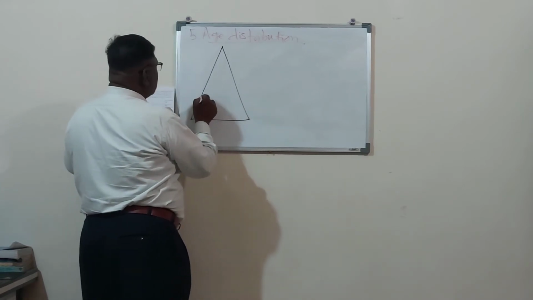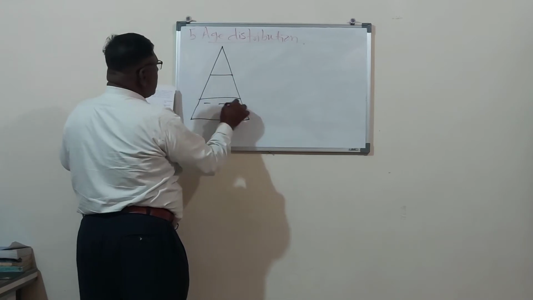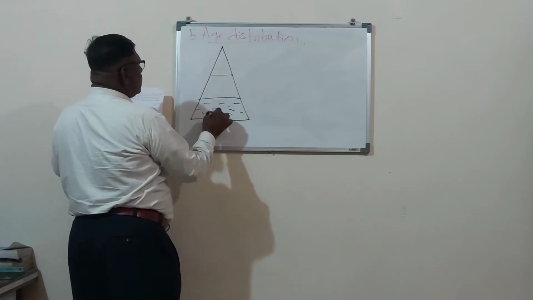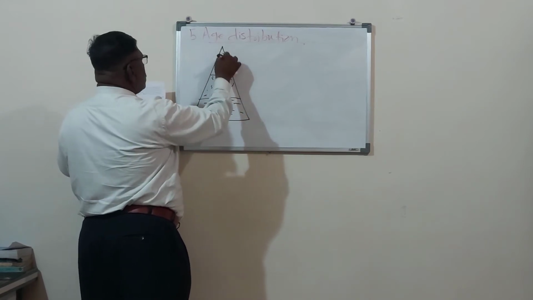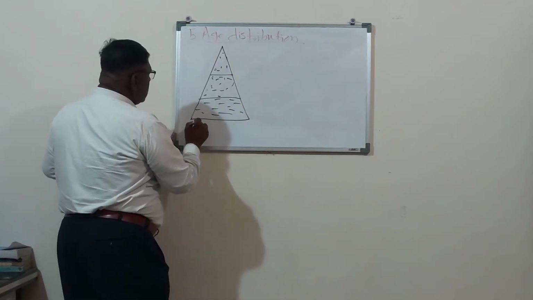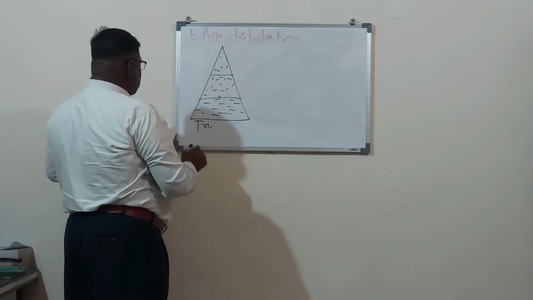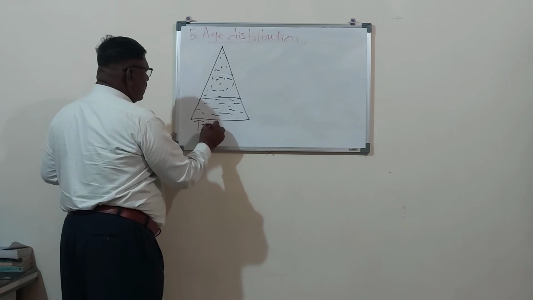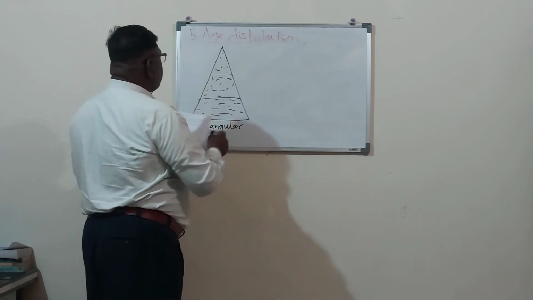Here the population, here another population, we can show by different linings. This is called the triangular shape, the triangular shape of a population.